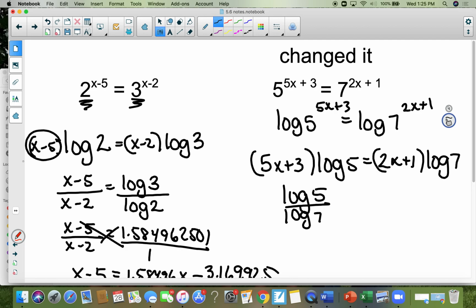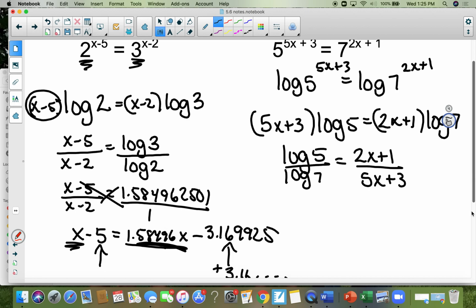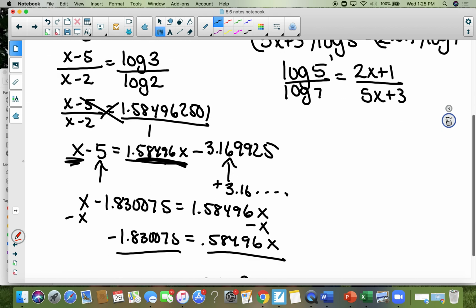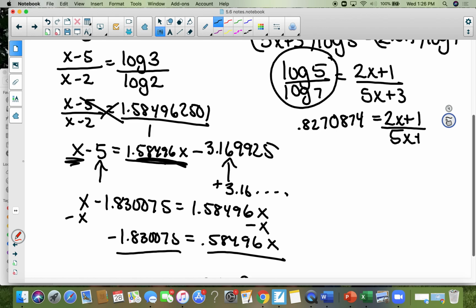Bring the log of 7 over here, and bring the 2x plus 1 divided by the 5x plus 3 there. Figure out what this is as a decimal. Log of 5 divided by the log of 7. You are going to get 0.8270874 equals 2x plus 1 over 5x plus 3.